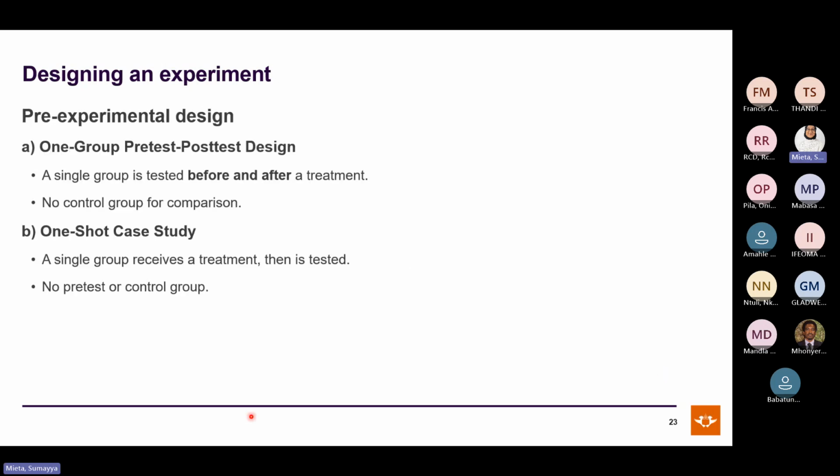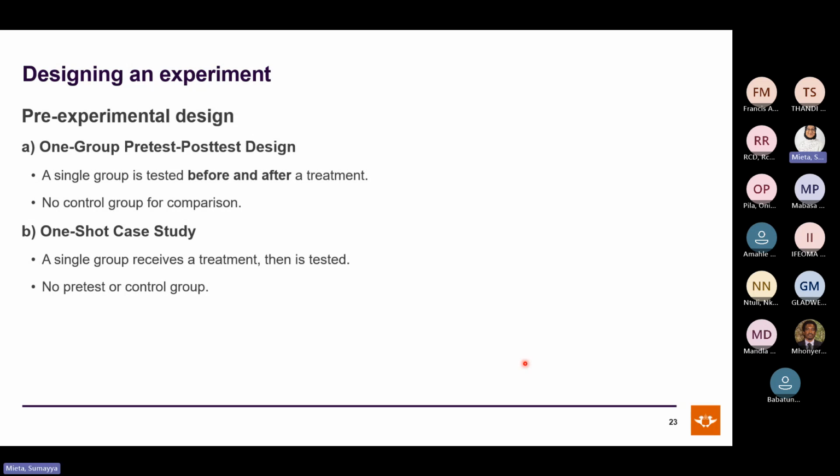What we mean by a pre-experimental design is that there are 2 different ways of doing a pre-experimental design. And you would normally do a pre-experimental design in preliminary studies, okay, where you have little control over the variables and you want to see whether it is actually viable to do this experiment. You will do a single group, okay?